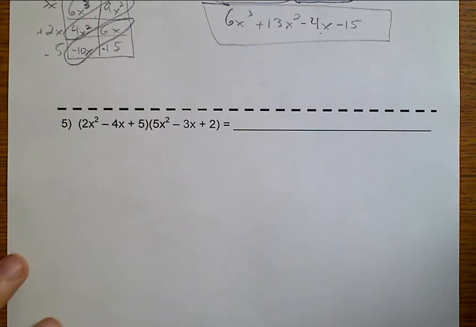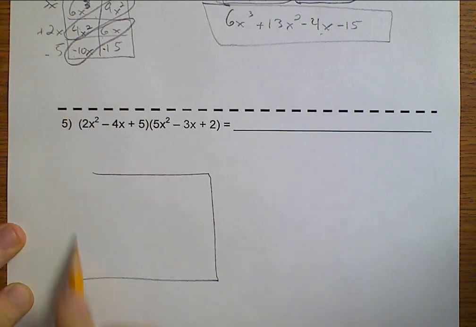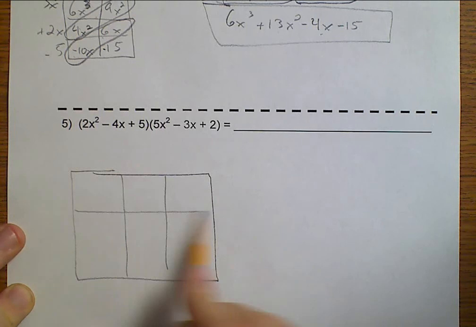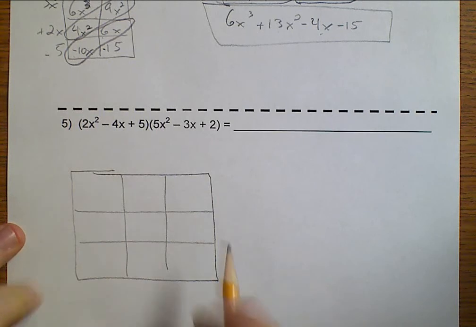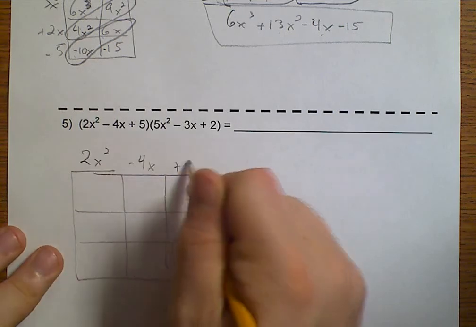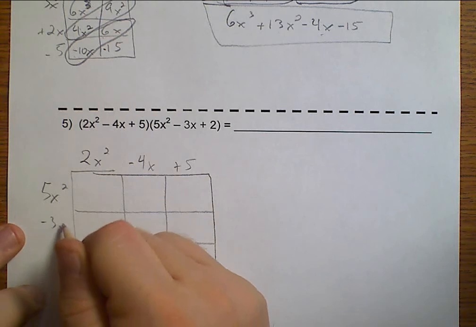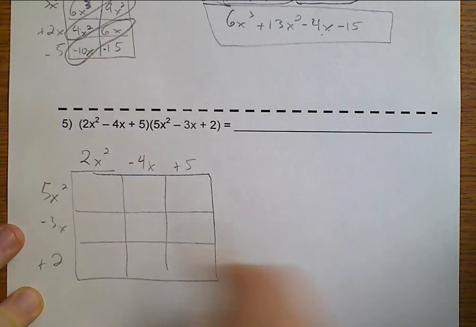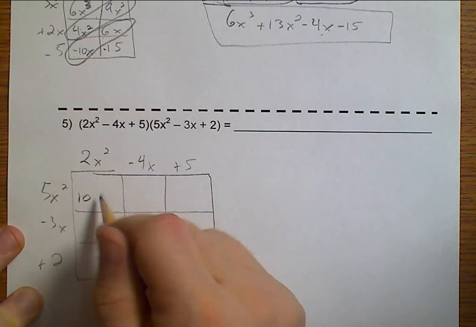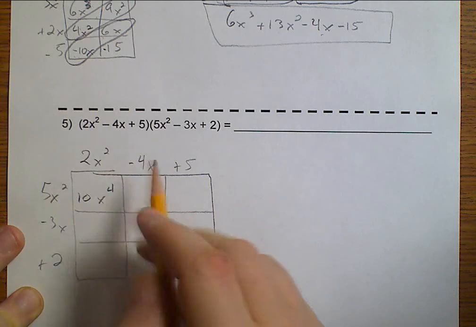And for our last example, a big whomping 3 by 3. So we have 2x squared minus 4x plus 5, and 5x squared minus 3x plus 2. 5 times 2 make 10, x squared and x squared make x to the 4th. 5 times negative 4 make negative 20.